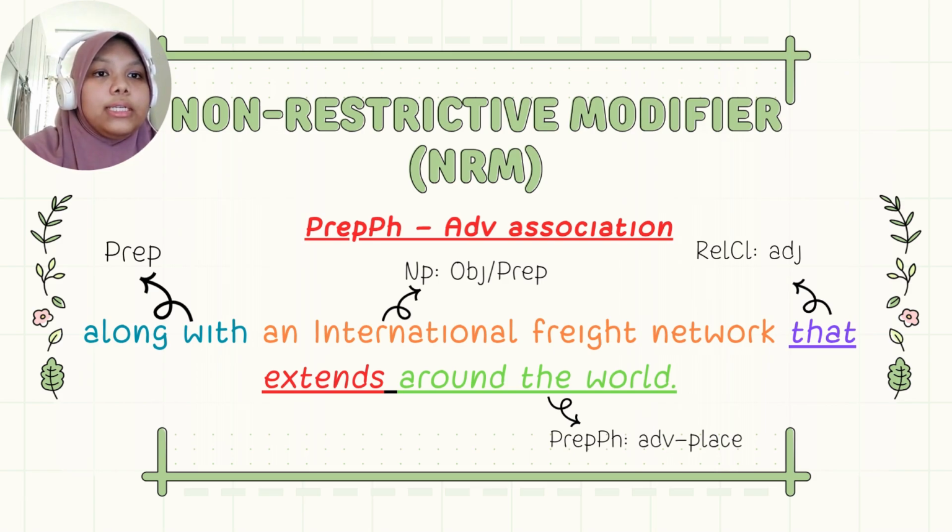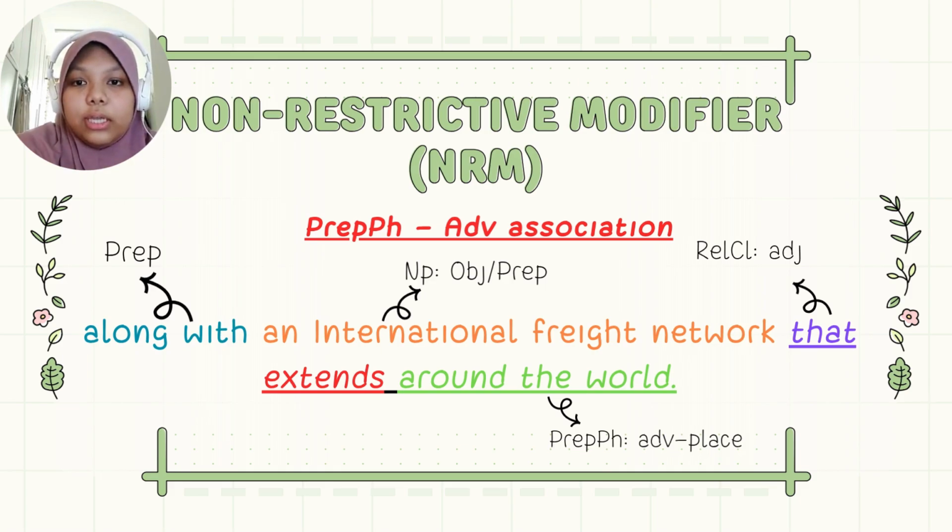And then we have that extends around the world, the part I underlined here, which is actually a relative clause, and that is a relative pronoun. So it's a relative clause that is functioning as an adjective. Why is it an adjective? Because it explains more about the international freight network. And then we have extends here, which is another main verb. And then we have around the world, which is a prepositional phrase that is functioning as adverbial place.